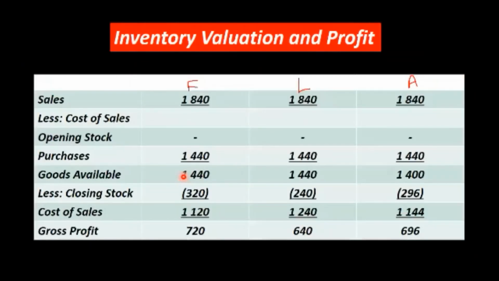And when you have inflation, FIFO method would give you a higher profit than LIFO and AVCO. When you have inflation, LIFO will give you a lower profit than FIFO. When you have inflation, AVCO will give you a profit in between these two. It's an average, right?